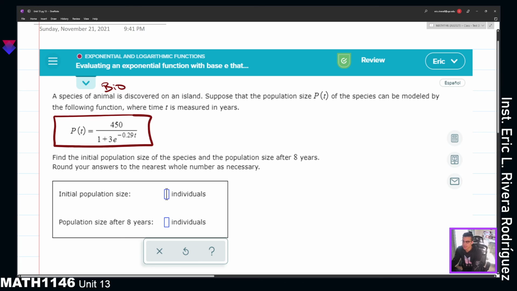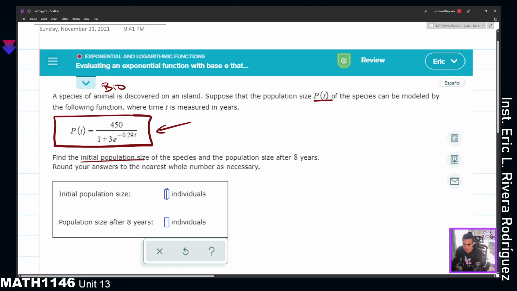Suppose that the population size, P of t, so they are using P of t to talk about the population size of the species, can be modeled by the following function, where t is measured in years. This is the function that we need to use to solve this exercise.